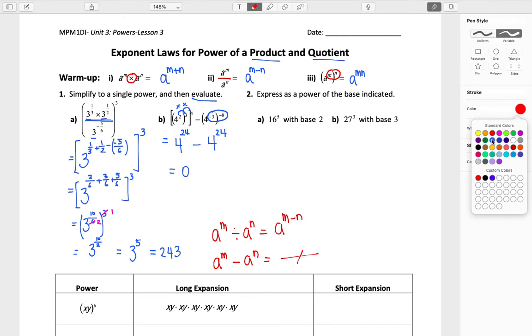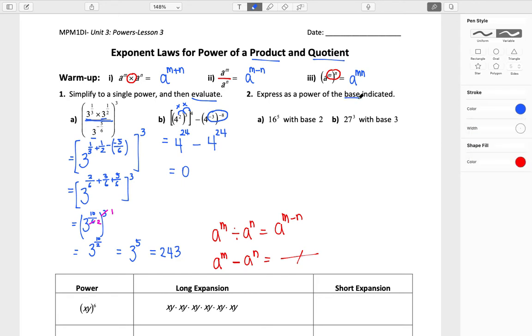Now, if you take a look at number 2, it says express as a power of the base indicated. So we have 27 to the power of 3, and I want you to rewrite it with a base of 3. I need to figure out how to change 27 to a base of 3. You can do trial and error: 3 to the 1 is 3, 3 squared is 9, and then 3 to the 3 is 27.